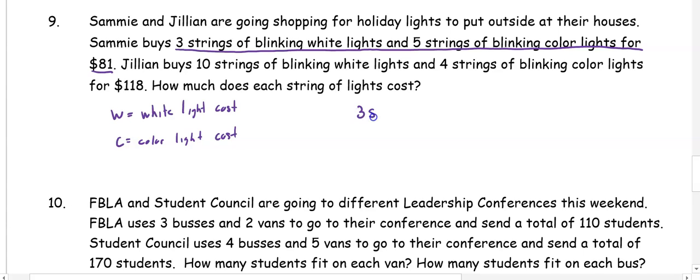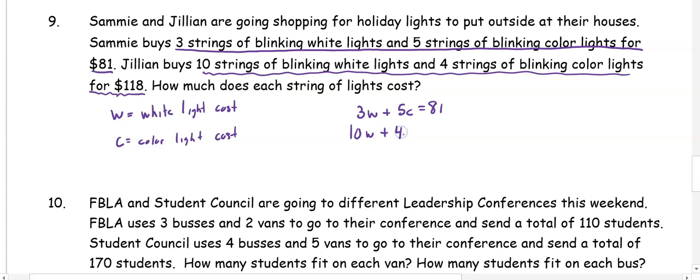So we have 3W plus 5C equals 81. Jillian buys 10 strings of white plus 4 strings of color to get us $118. So we would have 10W plus 4C equals 118.